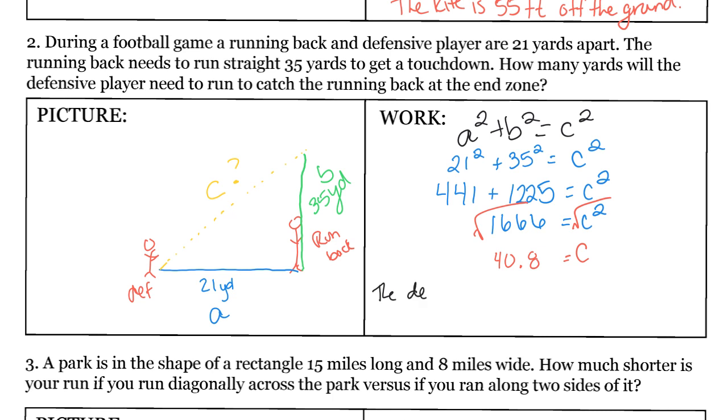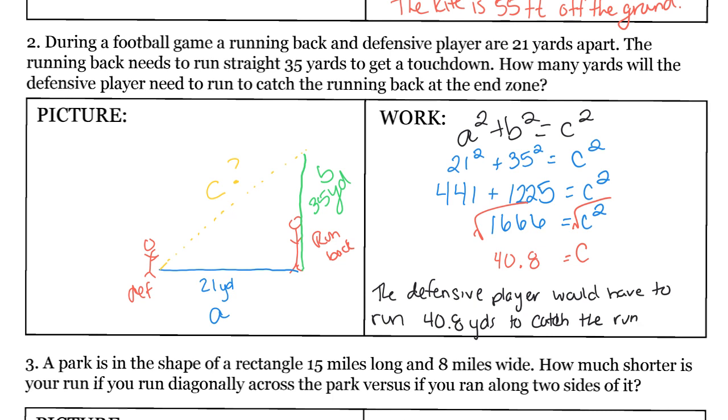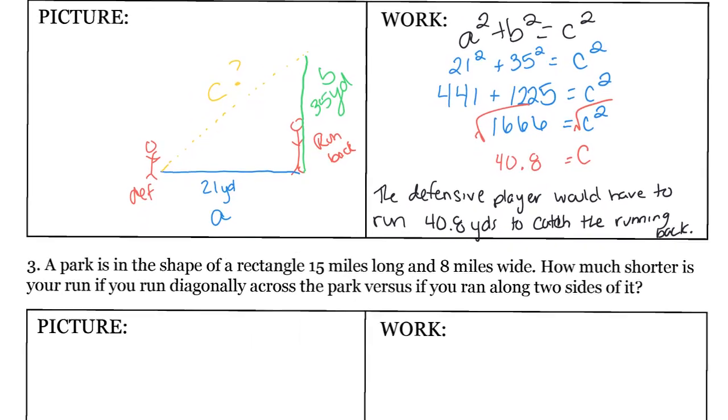The defensive player would have to run 40.8 yards to catch the running back. Okay, and our sentence just answers the question. So that's all our sentence does at the end.